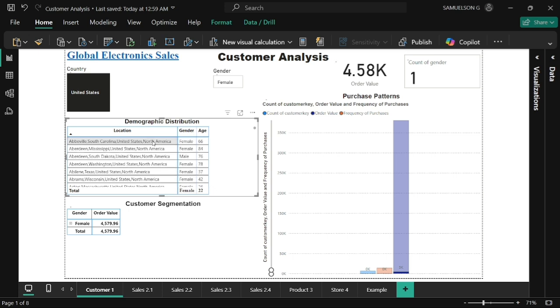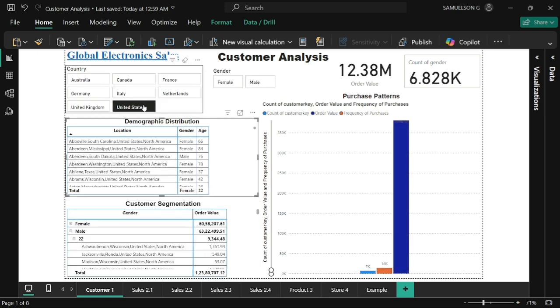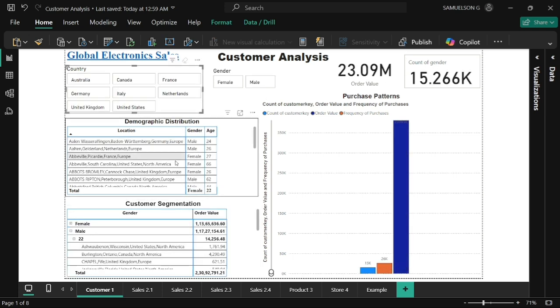Let's see segmentation. Segmentation is by order value. Order value, in the sense, there is a manufacturer. The manufacturer is the one who creates the product, manufactures the product. Then they give it to the retailers to sell the product.